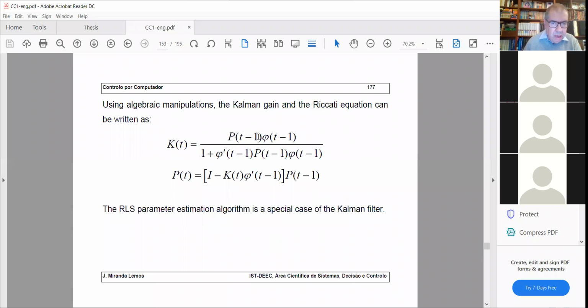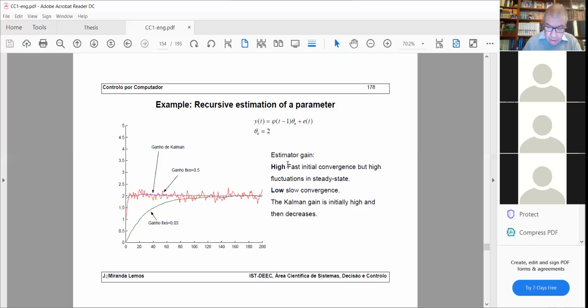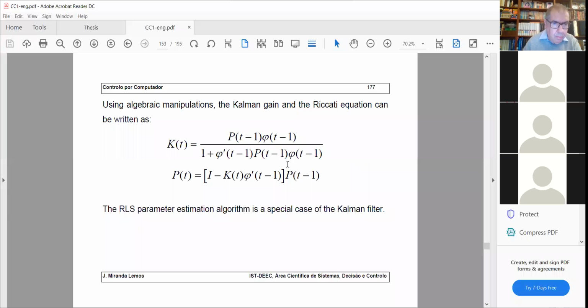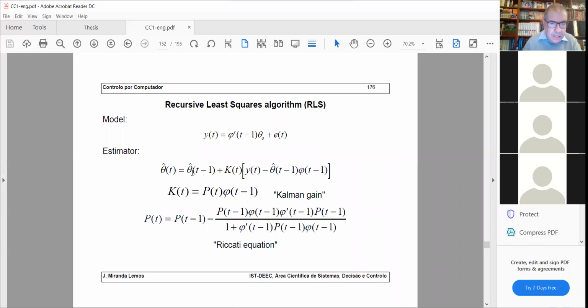And you have two equivalent expressions. Okay, so sometimes the equations for the recursive least squares algorithm are also written using these two expressions. The first equation is the same in both cases. Any question up to now?